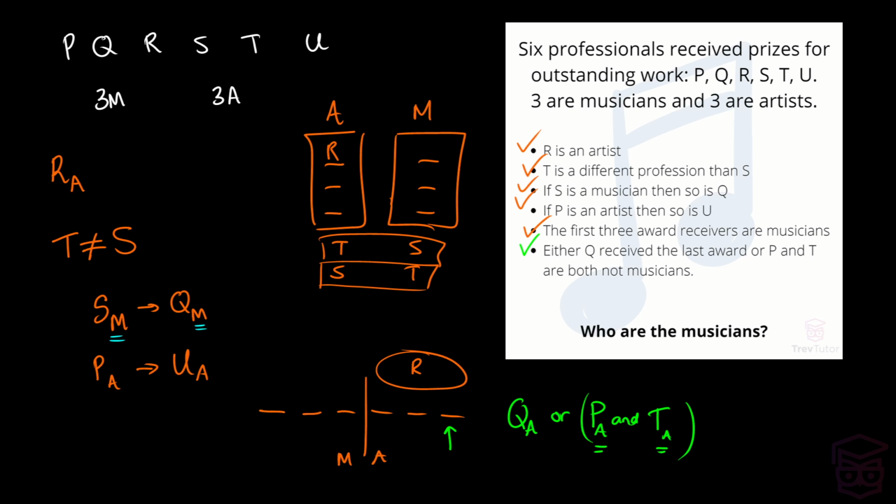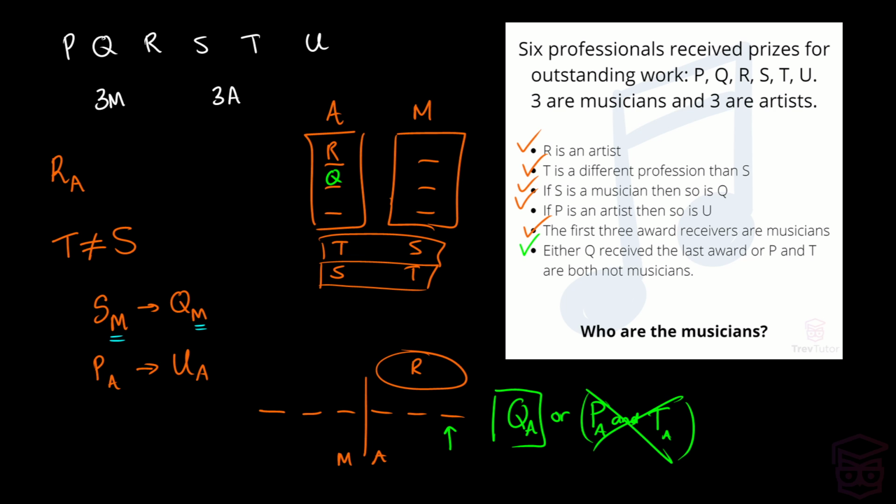This would mean that our artists are going to be R, P, and T. But if we think about rule number 4, if P is an artist, then U is an artist, that means that U would also have to be in this category as well because P is an artist. But that would mean that we have 4 artists, and that's not allowed. So we know that this second statement here, PA and TA, cannot be true. So this means that Q is definitely an artist.